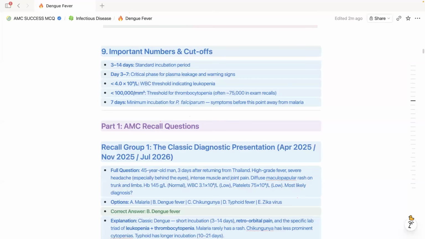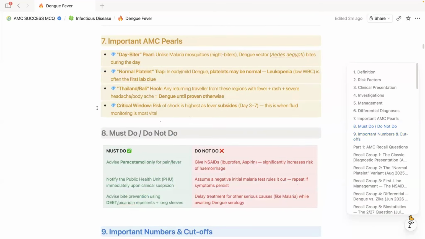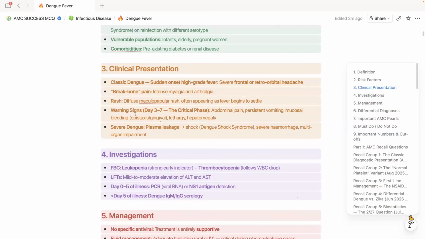So how long after returning from travel? I explained the incubation period, the warning signs will happen from day 3 to 7.